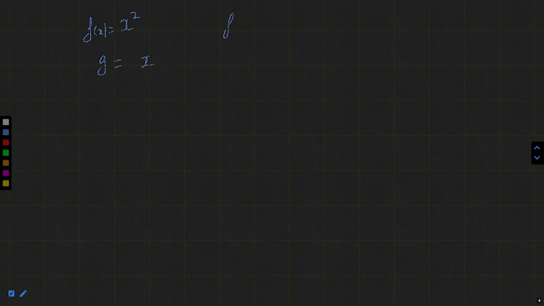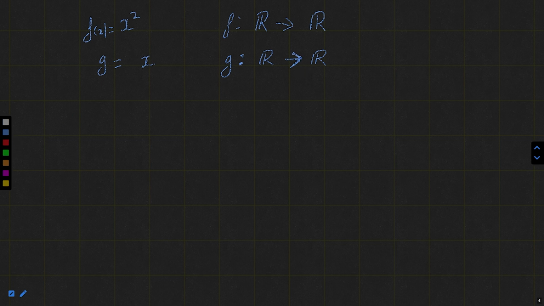And f is from where to where? R to R. And g is from where to where? g is also from R to R.